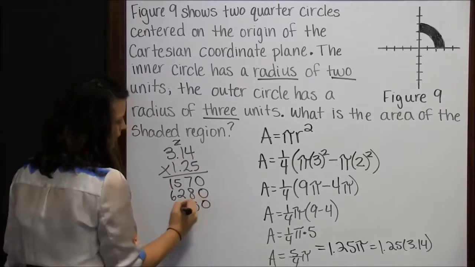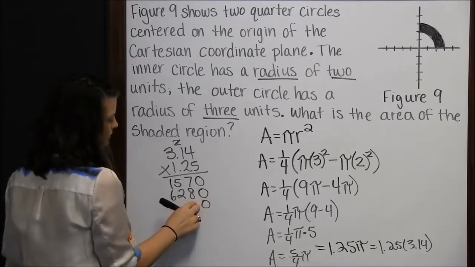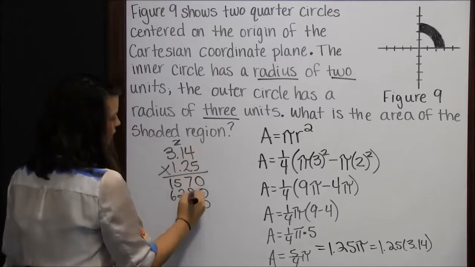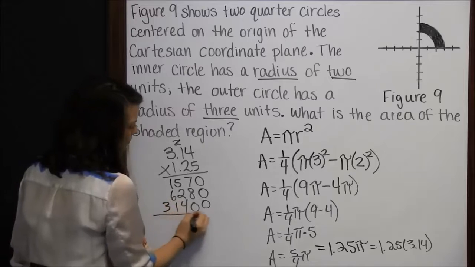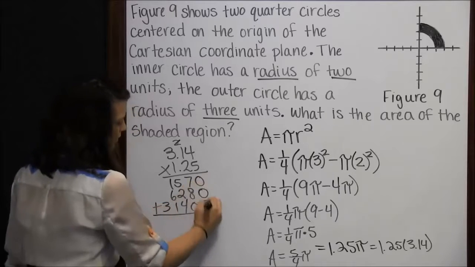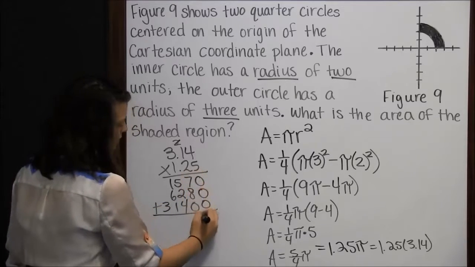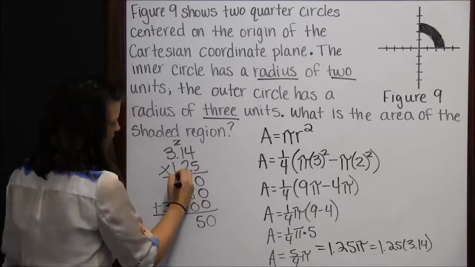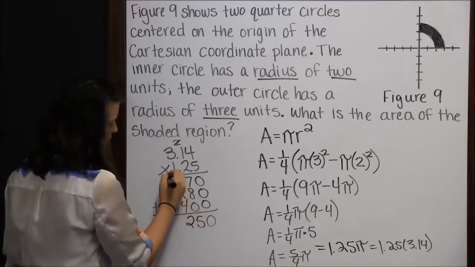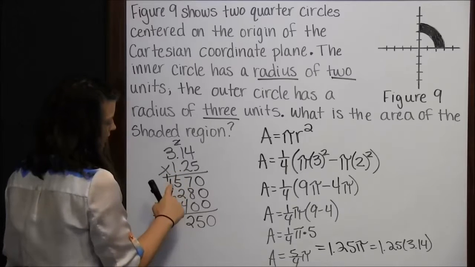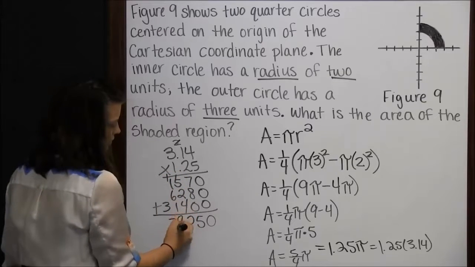Put 2 0 placeholders. 1 times 4 is 4. 1 times 1 is 1. 1 times 3 is 3. Add that together. That's 0. 7 plus 8 is 15. Carry the 1. 5, 9, 10, 12. Carry the 1. 6, 7, 8, 9. 3.